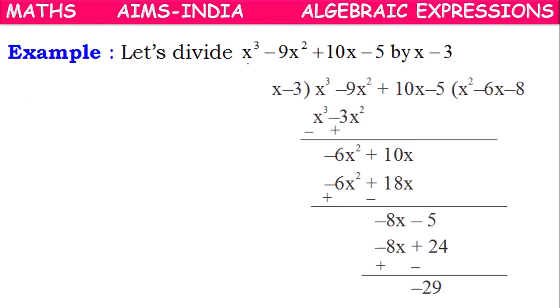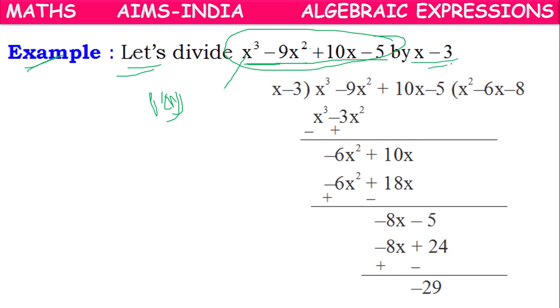Now let's solve this problem using the division algorithm. Let's divide x cube minus 9x square plus 10x minus 5, which is to be divided. We can take it as p of x, by x minus 3, which we can take as g of x. Now p of x is to be divided by g of x.